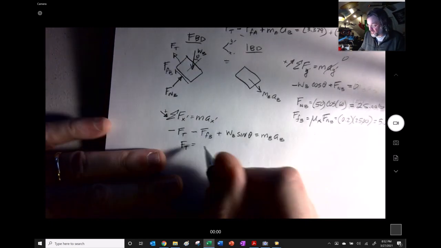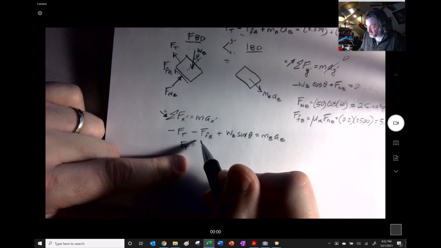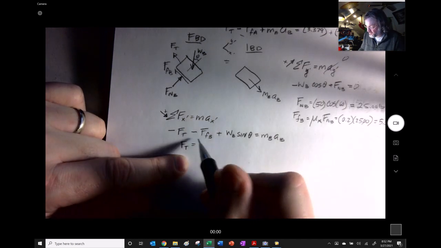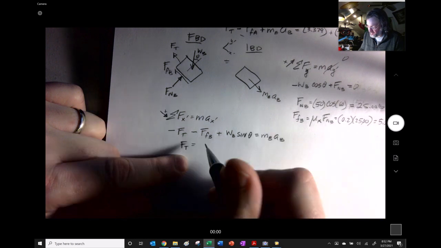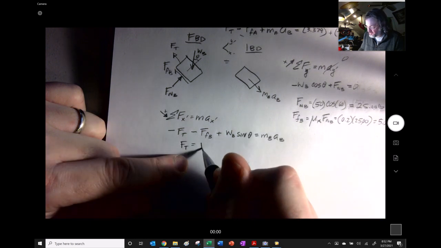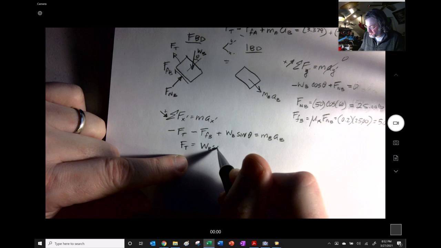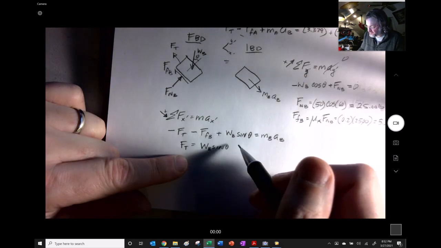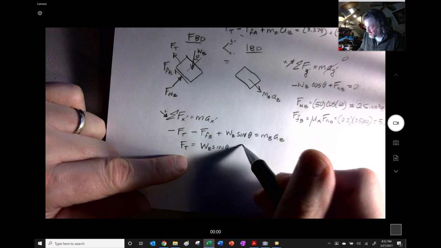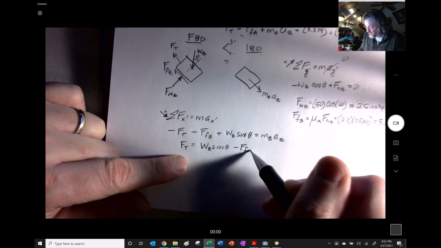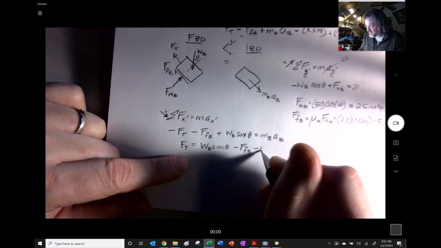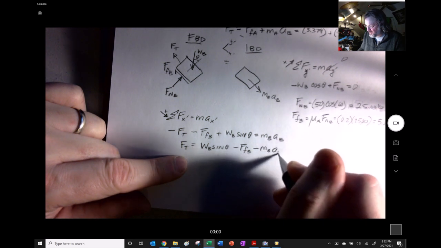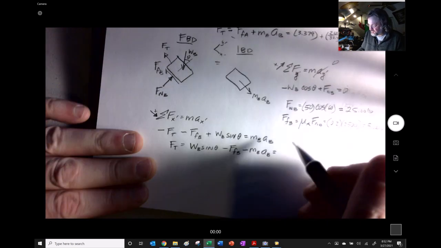I decided to solve for Ft right here. I brought him over to this side, so what we essentially have is WB sine of theta, minus FFB right here, minus MBAB. I'm going to get the signs messed up here if I'm not careful.